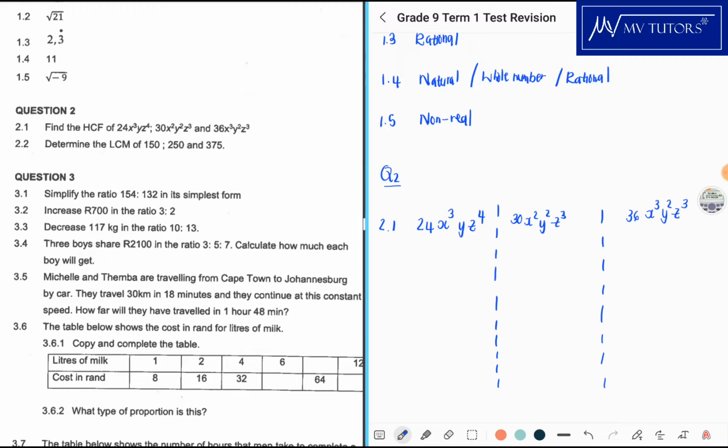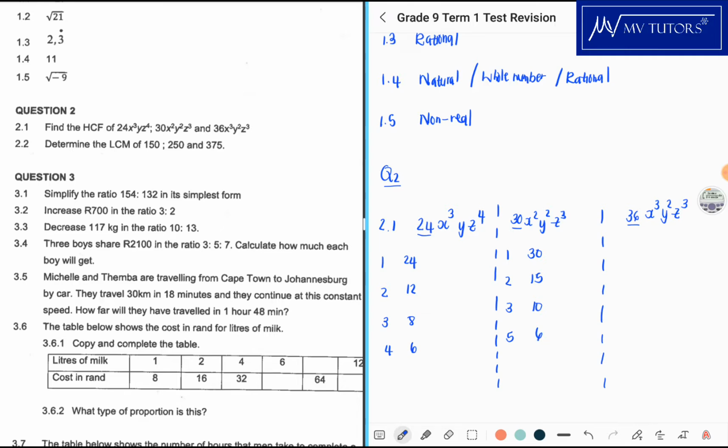I'm going to deal first with the whole numbers that we have there. Remember the factors of 24. We have 1 and 24, 2 and 12, 3 and 8, 4 and 6, and I think that's it. With 30, we have 1 and 30, 2 and 15, 3 and 10. 4 is not divisible. 5, yes, and 6. 7, 8, 9, nope.